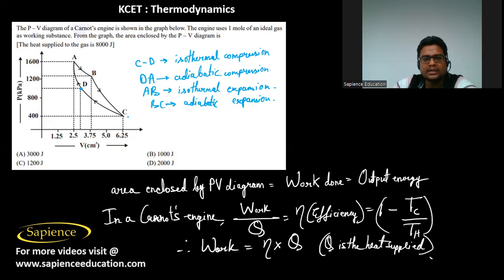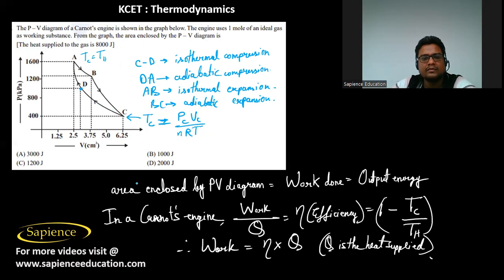The temperature at point C will be the temperature of the cold reservoir, and the temperature at point A will be the temperature of the hot reservoir. So the temperature at point C we can write as PC into VC by nR.